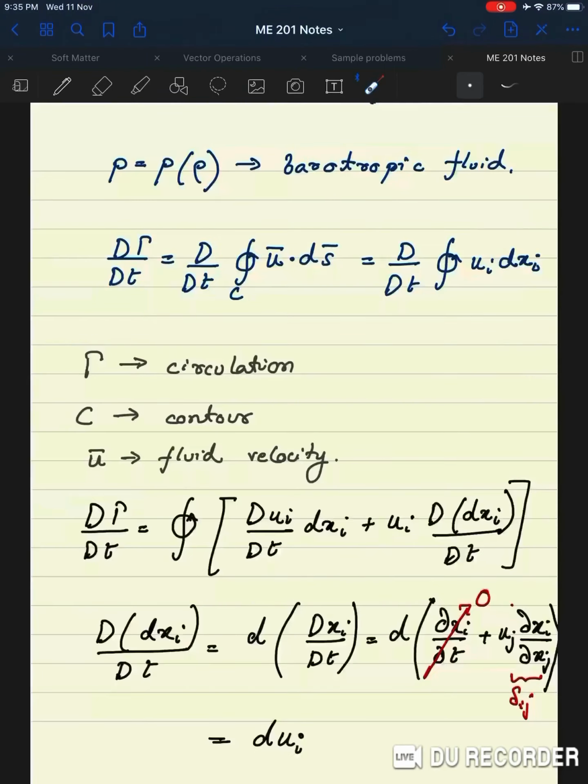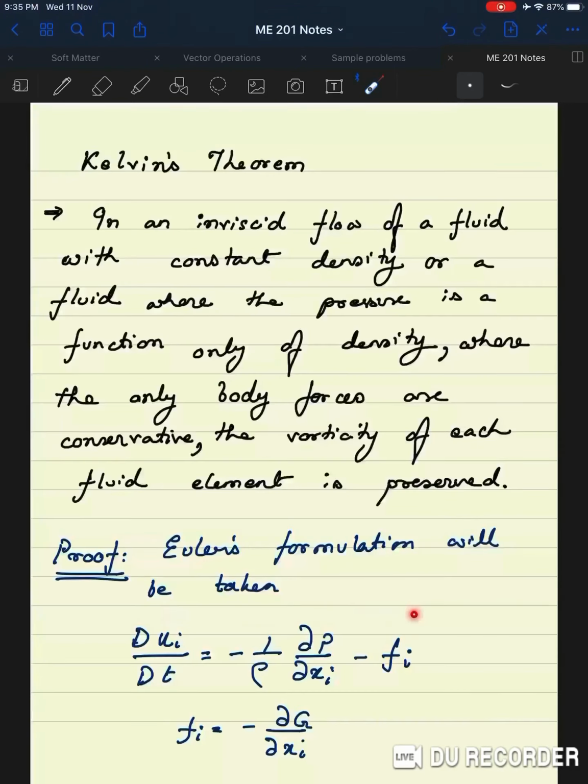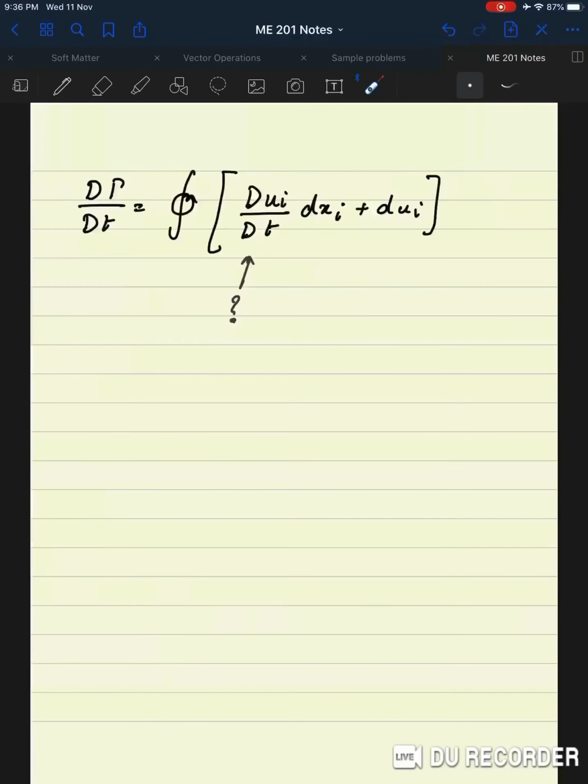It is, because we said that the flow is inviscid, so Euler's equation applies. The du_i/dt term is equivalent to this. Okay, so let's just go ahead and swap that. Now we know that this has to come from Euler's equation. If you do that, then you will end up with the integral of minus 1 by rho ∂p/∂x_i dx_i minus ∂g/∂x_i dx_i plus u_i du_i.